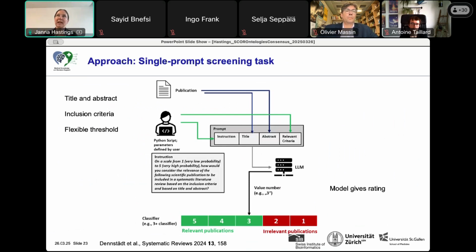You could imagine setting this up differently. I'm aware of other approaches, and we even used other approaches in different studies, where you ask about each inclusion or exclusion criterion separately, right? Then you get a lot of yeses and nos for different questions, and afterwards you try to integrate them. But here we were using an all-in-one approach.